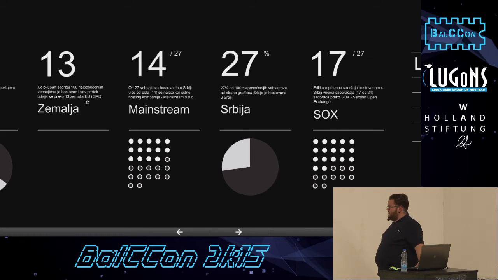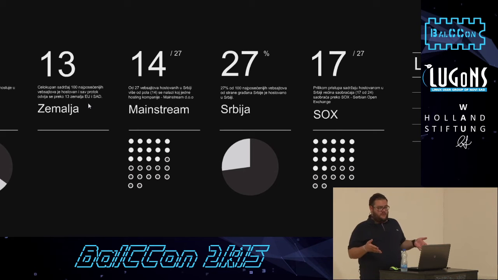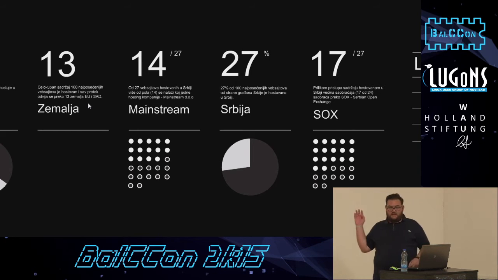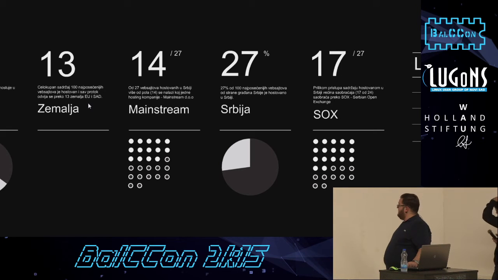The number of countries in which you go when surfing online, chances are it's 13 or less. In 17 cases out of 27, the traffic passes through SOX, or Serbian Open Exchange.